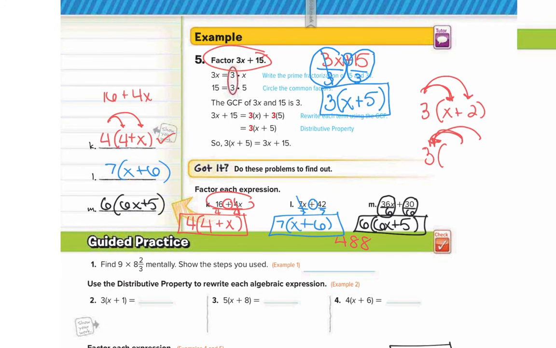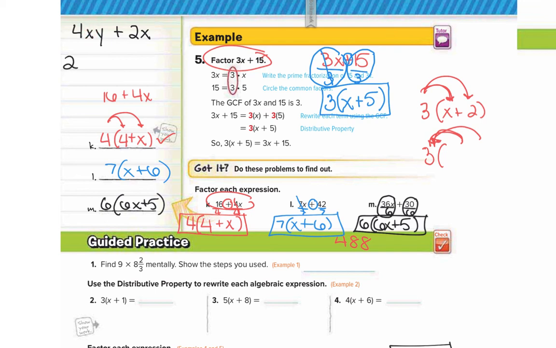One other type of factoring problem that you might come across, I'll do it at the top of the work zone, is if you have something like 4xy plus 2x. We could find the greatest common factor between 4 and 2. That would be 2. That's the biggest number that they both can be divided by.